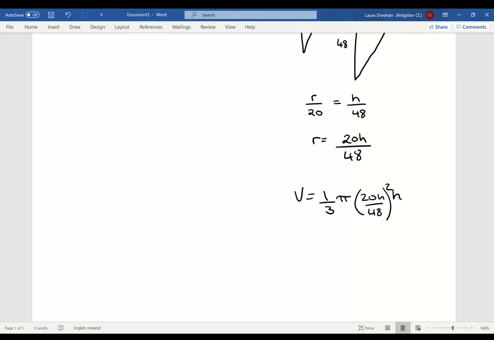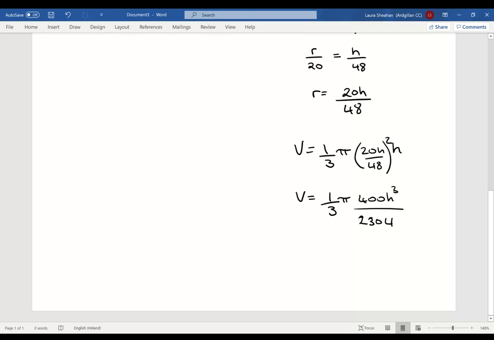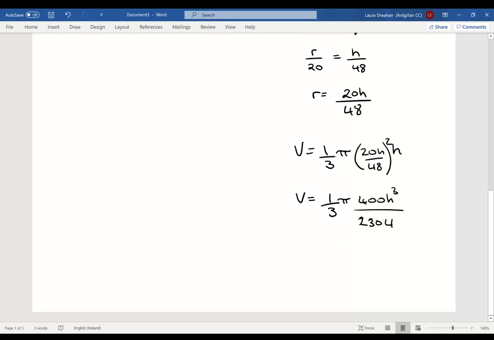So my volume is a third pi times 400 h cubed when I multiply in the h, over 48 squared, which is 2304. This is my expression for volume.